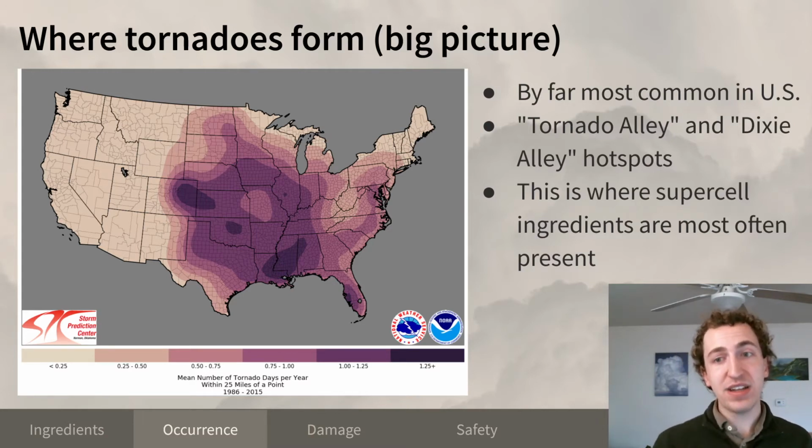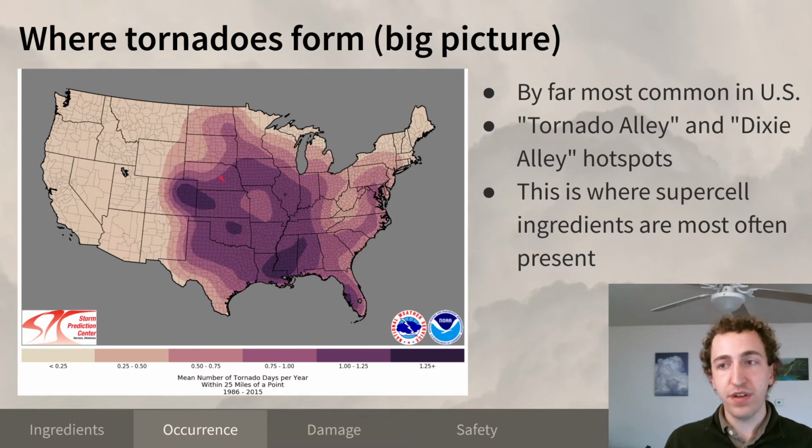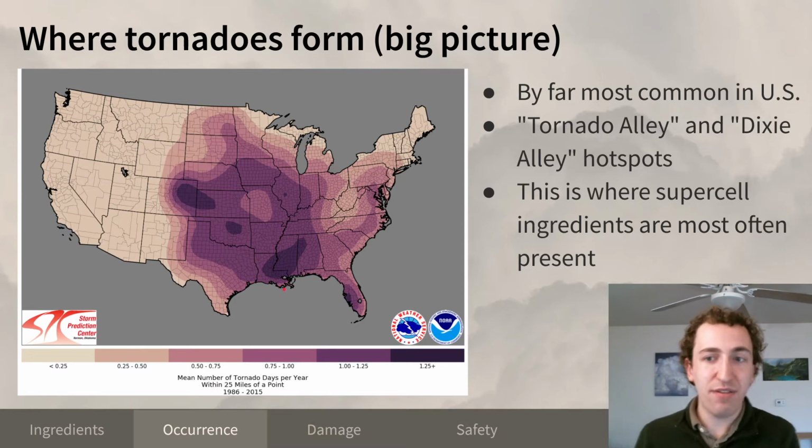And within the US, there's sort of two main hotspots for tornado formation that are typically referred to. We have the traditional Tornado Alley, which is actually, if you go back a few decades, where some of the strongest patterns were. But especially if you start including recent decades, where we have a little bit more careful records and can understand the patterns of occurrence, we have this secondary or additional area called Dixie Alley, where we have a very high frequency of tornado occurrence.